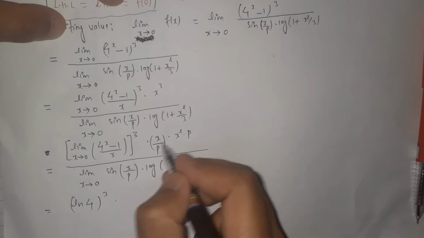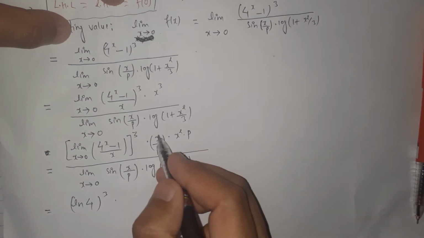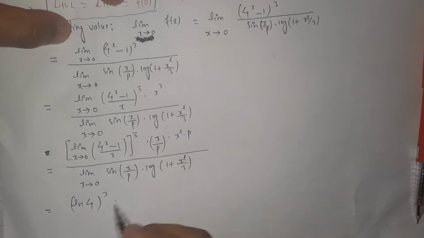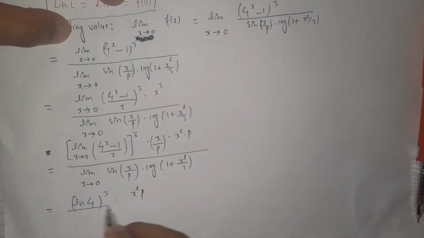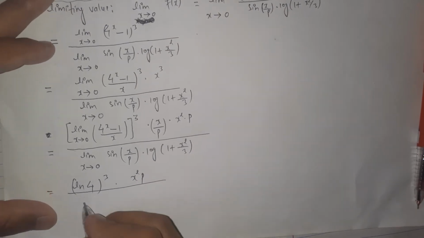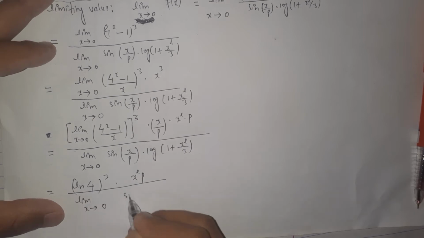times here. Let's collect these terms, let's shift the expression x over pi to the denominator and only write x square pi in the numerator, and this is equal to the limit as x approaches 0 of sine x over pi.